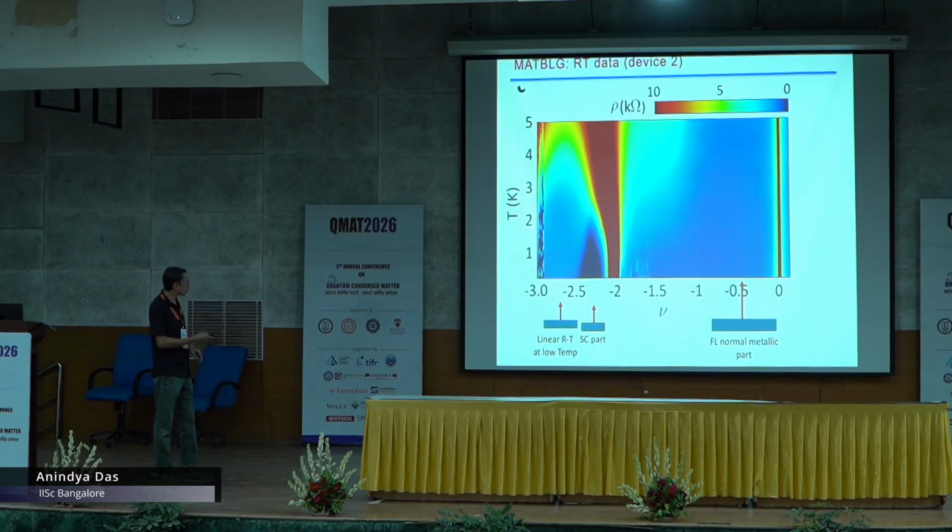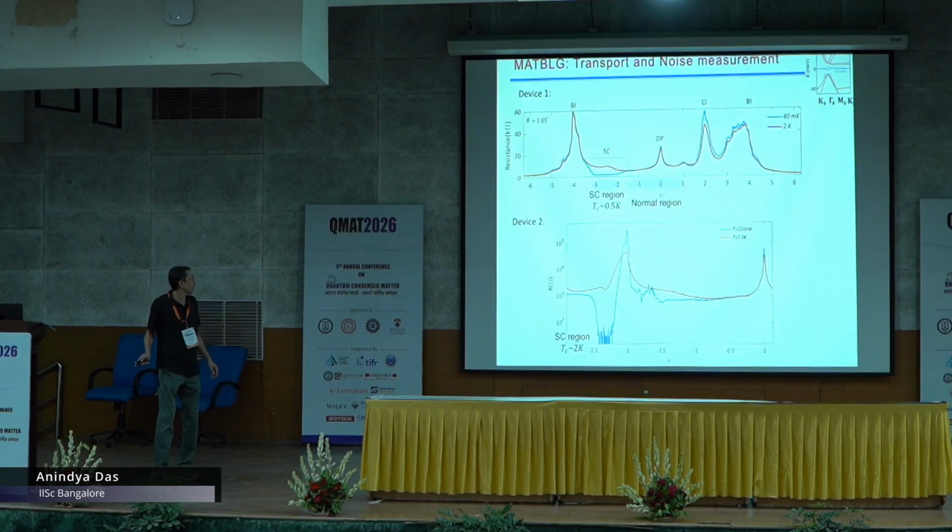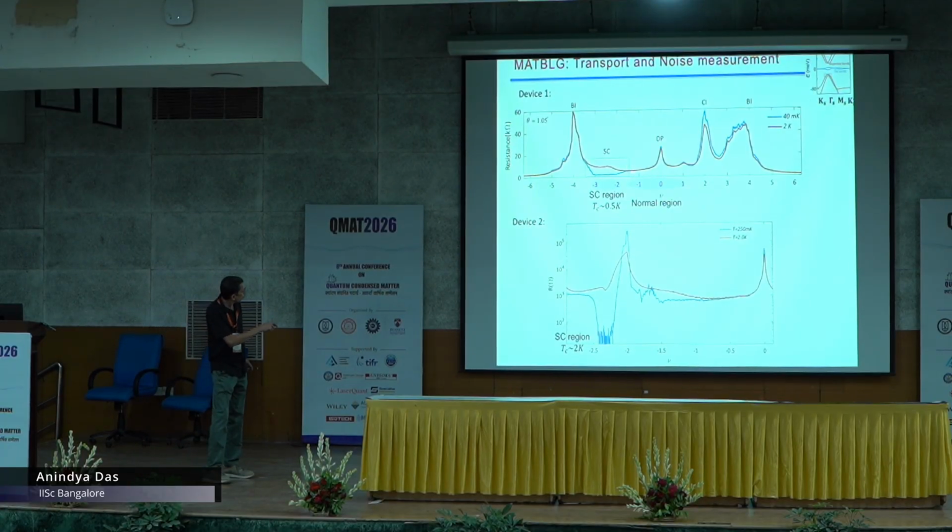The response of the device tells you whether it is clean. One thing I can point out, look at the first device. I told you the Tc is smaller here and larger there. This gives you one indication. Not only that, in the first device at filling 2 you don't see the correlated insulator peak.